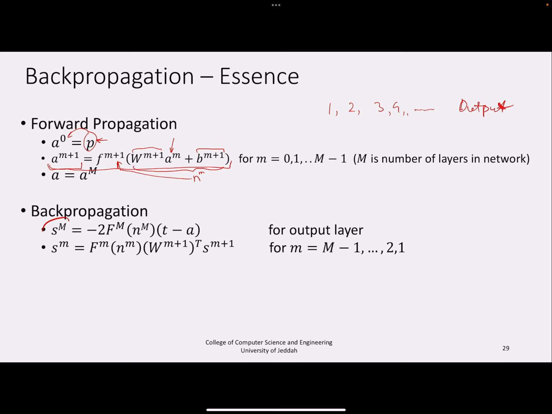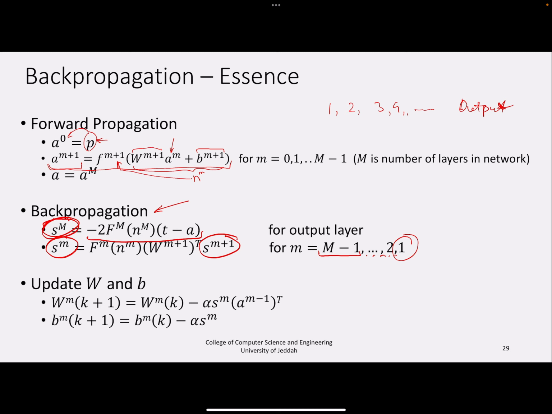So, this is how we begin. We begin by finding the sensitivity of the output layer, like this. And once we have the sensitivity for the last layer, we compute the sensitivity for the preceding layer. So, meaning for layer m-1, and for layer m-2, all the way back to layer number 1. So this happens in reverse order, and that is where the backpropagation algorithm gets its name from.